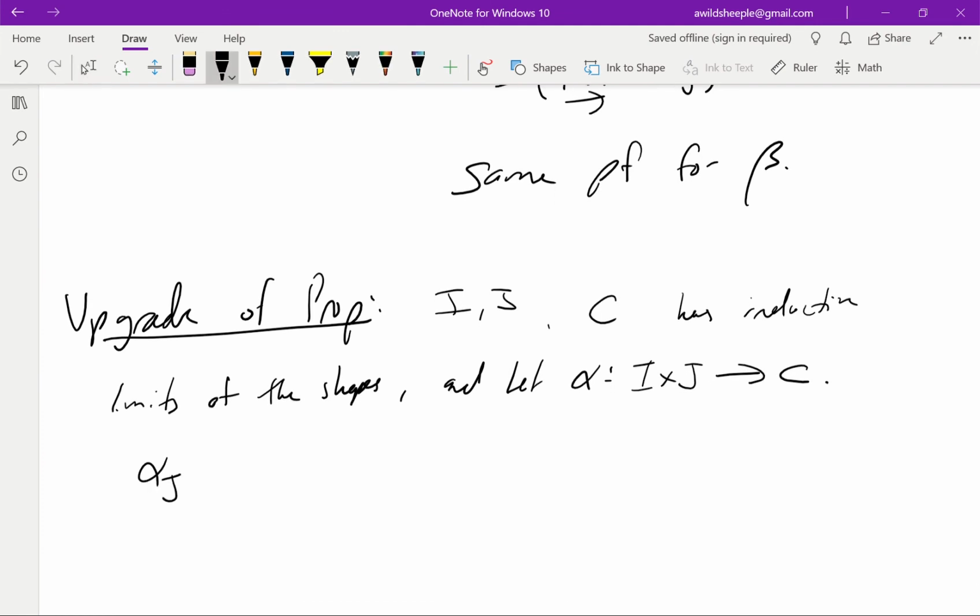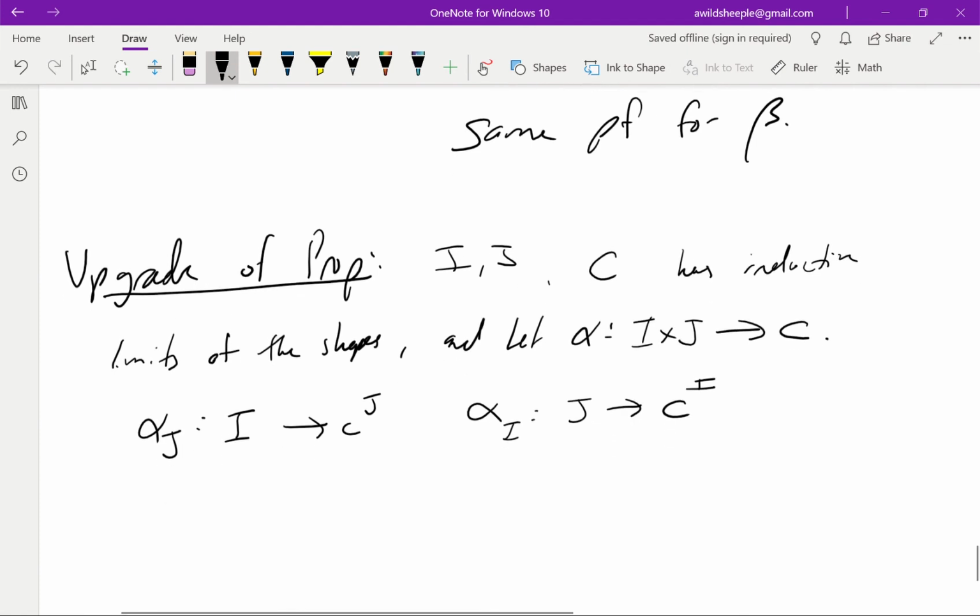The first is the partial evaluation in J, which sends I to C^J. And then we also have alpha I, which goes from J to C^I. It's basically just plugging in the respective arguments.